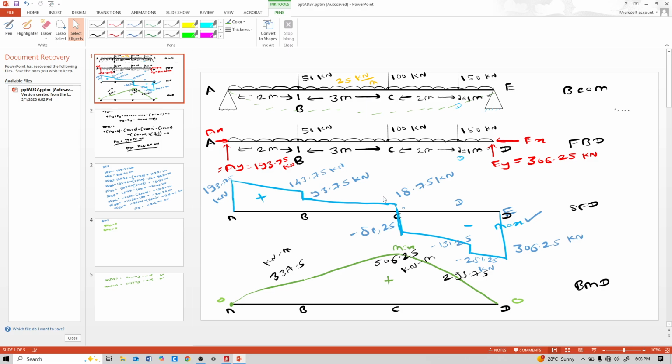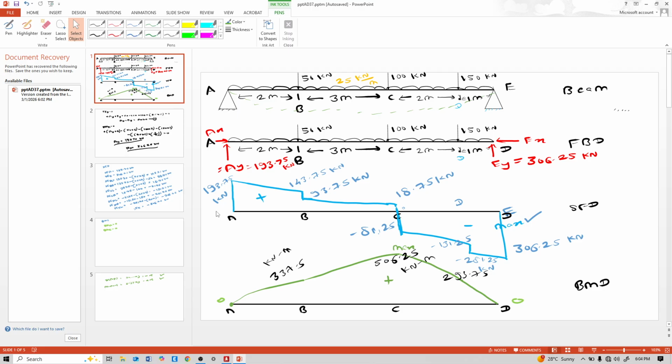So let's learn thumb rules also. When the loads are towards reaction E, shear is maximum at point E. When these loads are towards reaction A, shear is maximum at point A. That means for the reaction to which the load is nearer, shear is maximum.